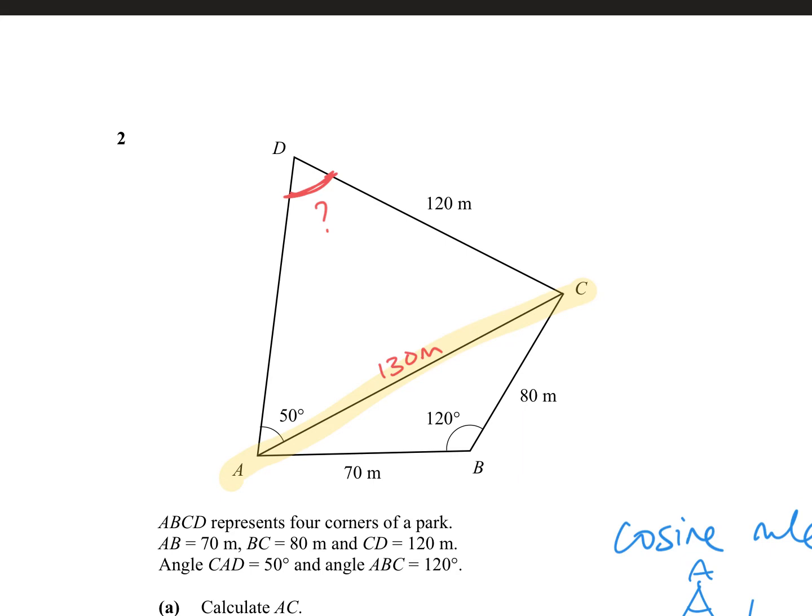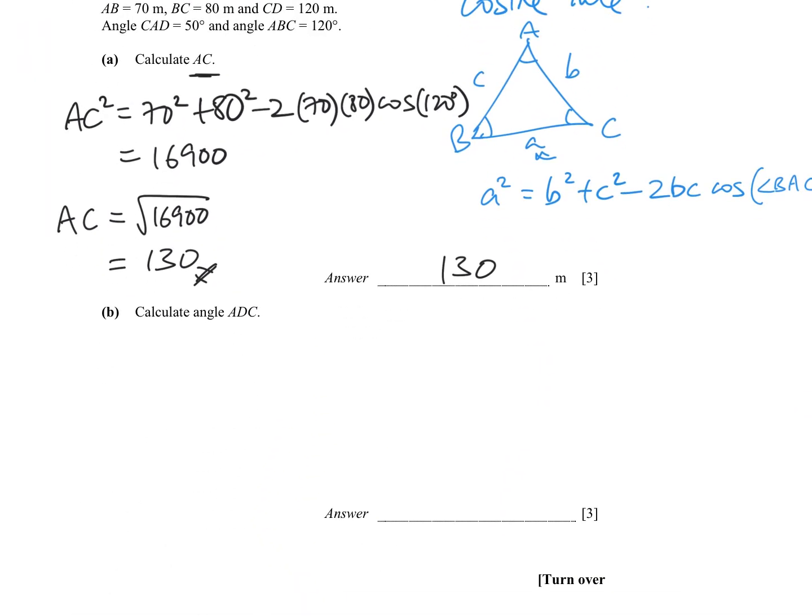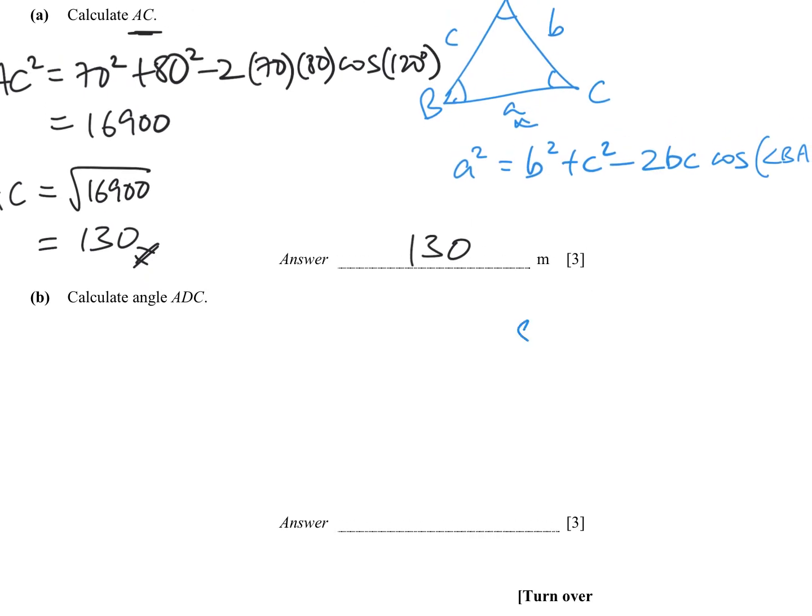So this question really is just a straightforward application of all the rules. Part A was cosine rule. Part B is sine rule. And so let me just recap very quickly.